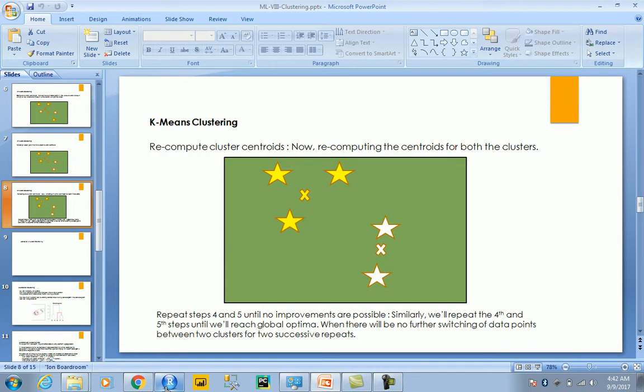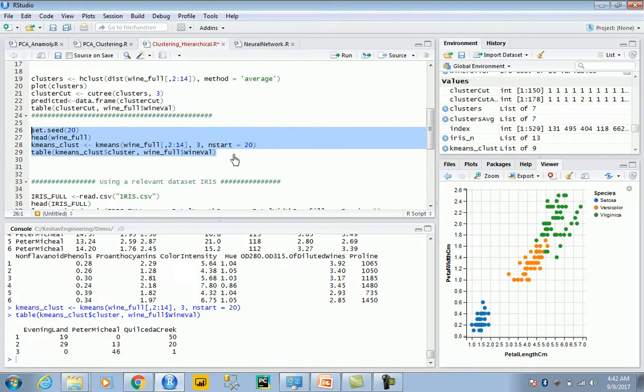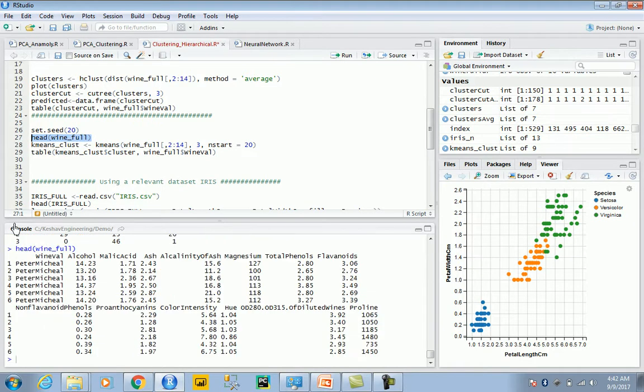Now let's take a quick demo. What we have is a wine data set. It basically has three wine types and the different contents of the wine, the ingredients, with the magnitude of these ingredients that went into making that wine.